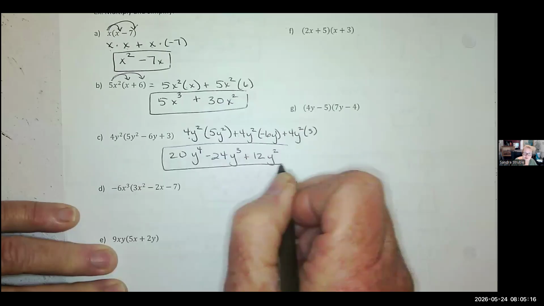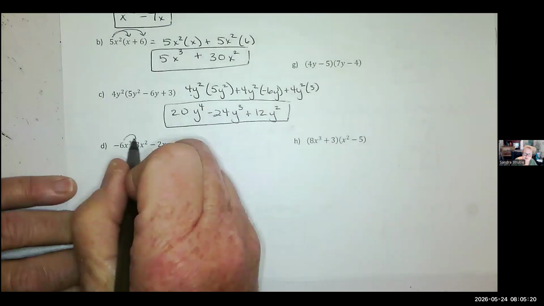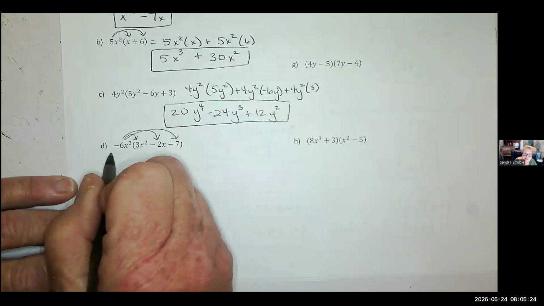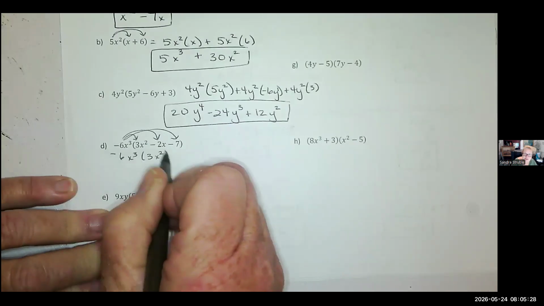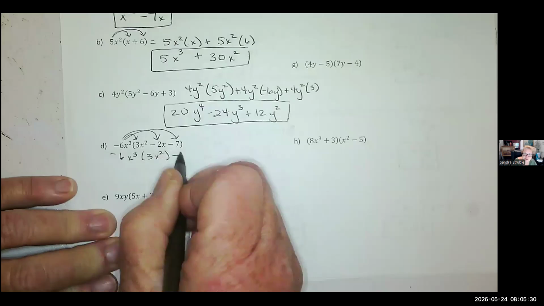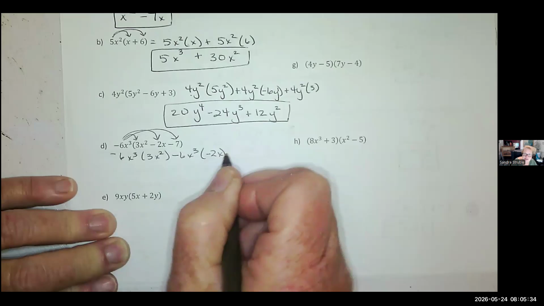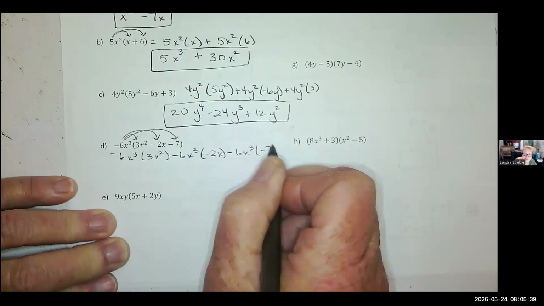All right, distribute to all 3. I'm going to come over here and do this. Negative 6x cubed times 3x squared, and then negative 6x cubed times negative 2x, and then negative 6x cubed times negative 7. Negative 6 times 3 is negative 18.